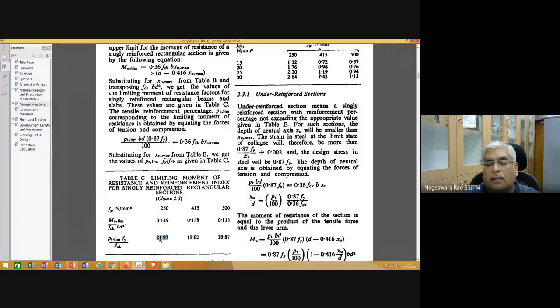What is that? 21.97. It is close to that. 41.61 multiplied by 0.5313. And similarly, check this quantity for Fe 415 and Fe 500.